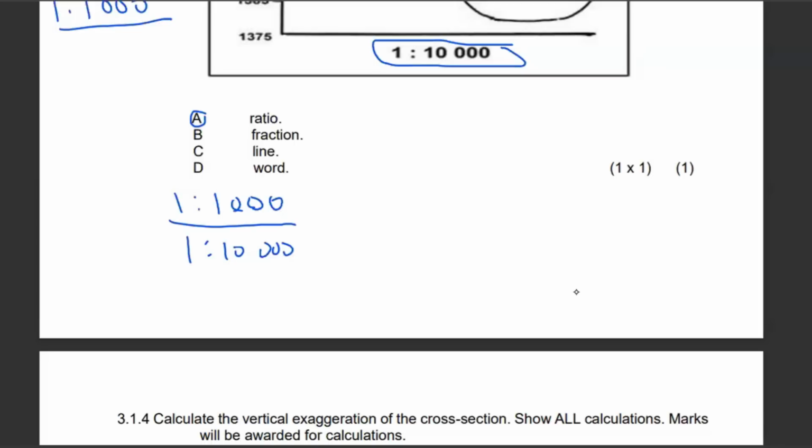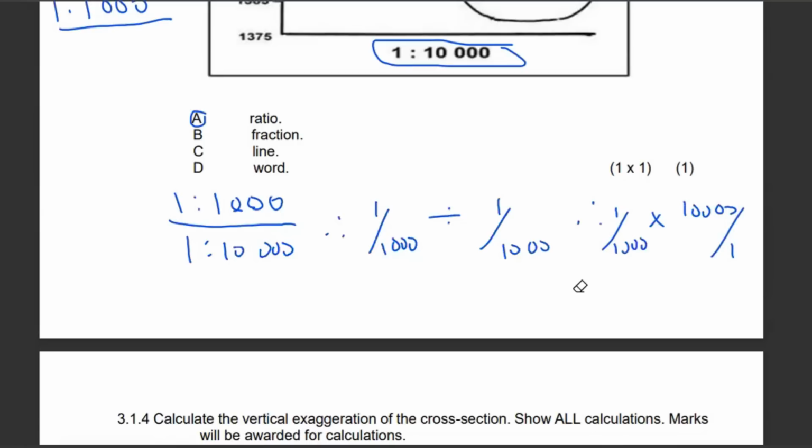If we use fraction scales, it means it's 1/1000 divided by 1/10,000. So we introduce a multiplication sign, and it becomes 1/1000 times, we invert this, 10,000 over 1. We have inverted our horizontal scale. When we introduce a multiplication sign, we invert.